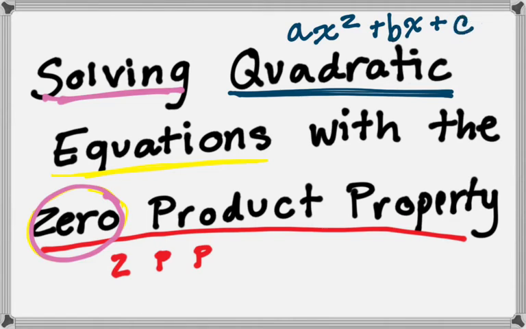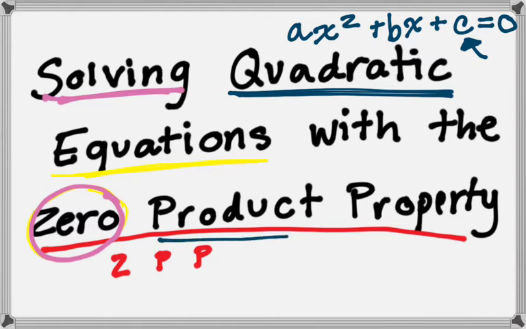Some of those might be positive, and some negative. They could be fractions. They can be all sorts of things. So generally, this form of the quadratic equation is called the standard form. If it equals 0, we can use the zero product property, but not quite yet.